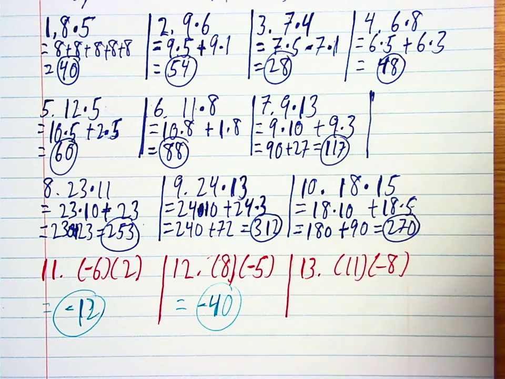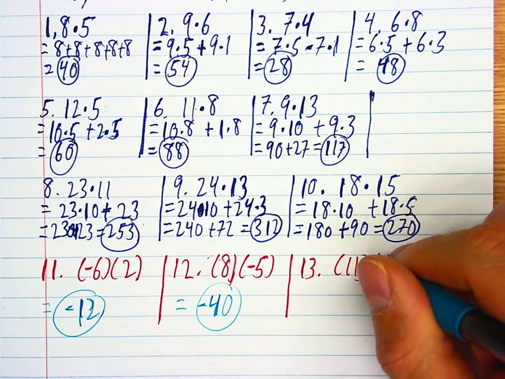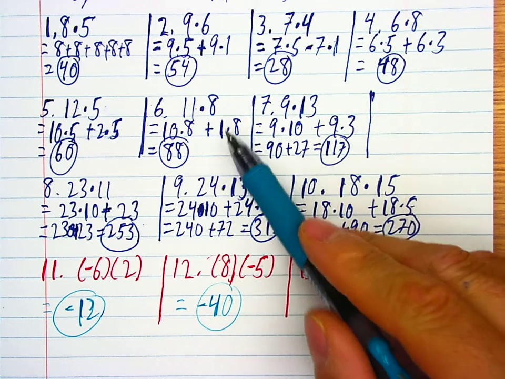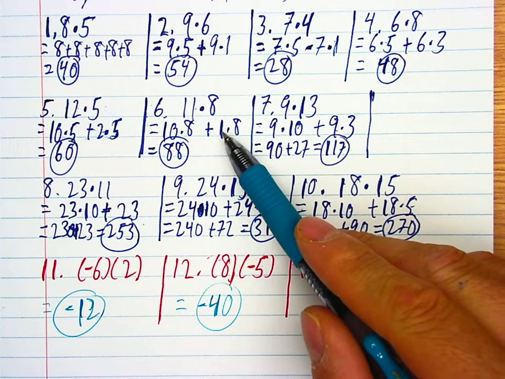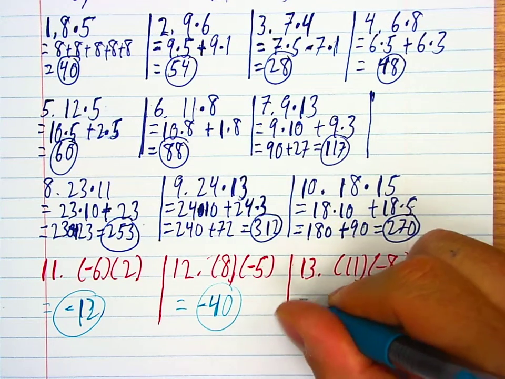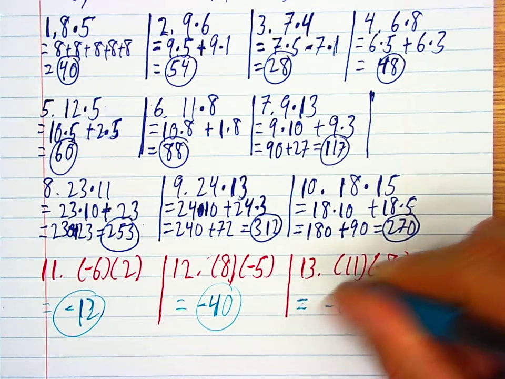And here, 11 by negative 8, this is a debt of $88. This would be, again, 10 times 8, and then adding another 8, the same as it was here. So you can see here the product is still the same. It is just, however, negative when one of my numbers is negative.